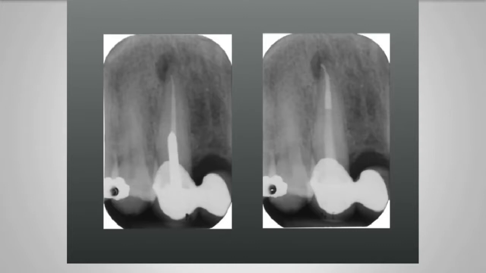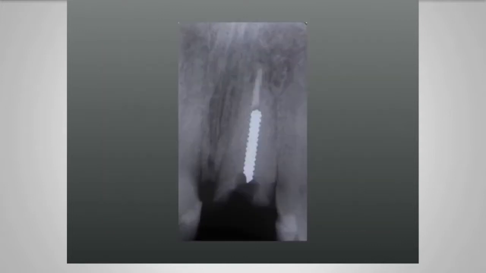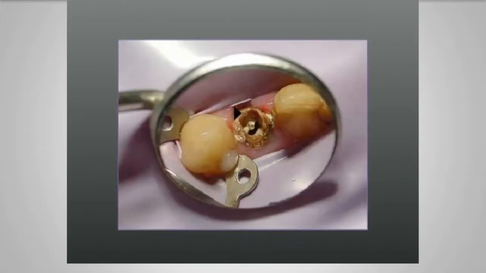How about when the post has fractured at gum level? One thing you shouldn't do is try and drill around the post so that you can grab it with a pair of forceps, because all that will happen is you'll remove very valuable tooth substance and end up with a very weakened tooth that then may not be restorable.